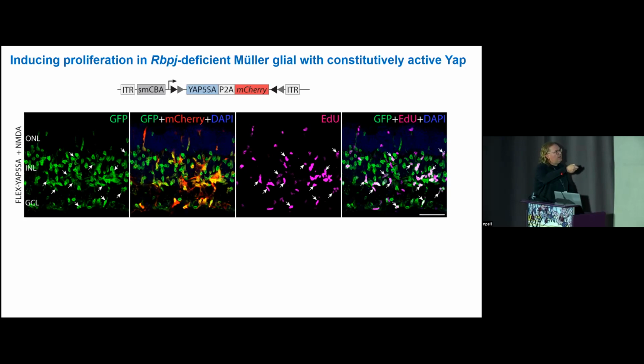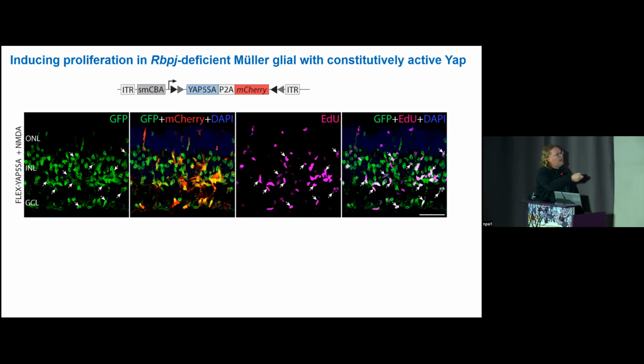What we did here is that we used a dominant active form of YAP, which is inhibited by the Hippo pathway, and used this to selectively infect and express in glia using a FLEX AAV construct.